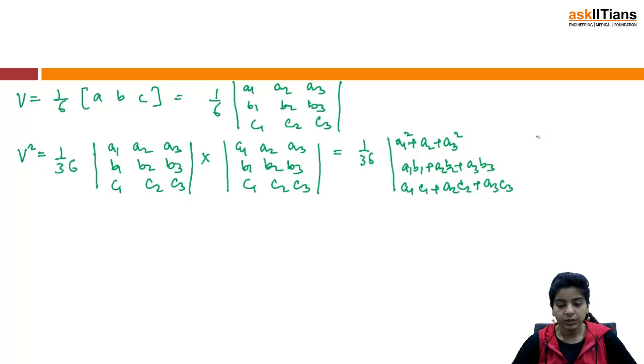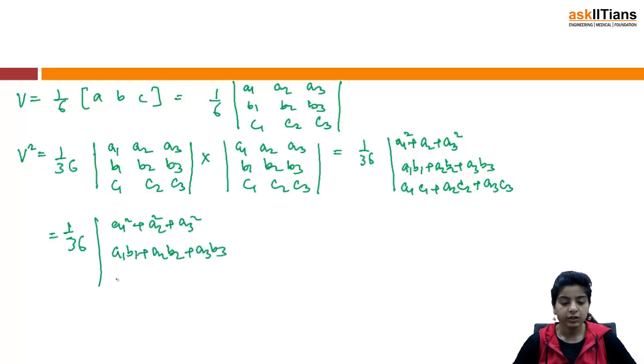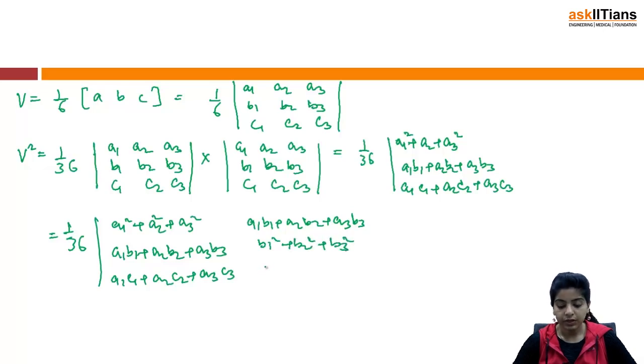The second row becomes A1 B1 plus A2 B2 plus A3 B3, then B1 square plus B2 square plus B3 square, then B1 C1 plus B2 C2 plus B3 C3.